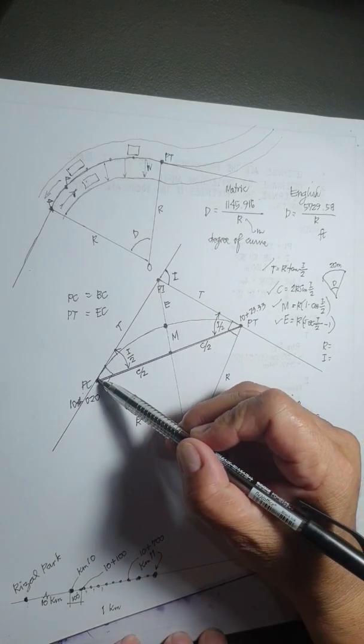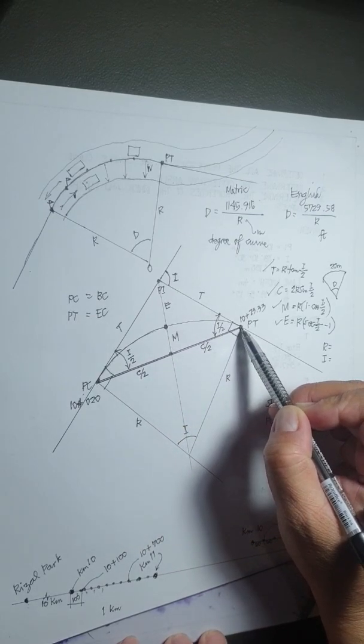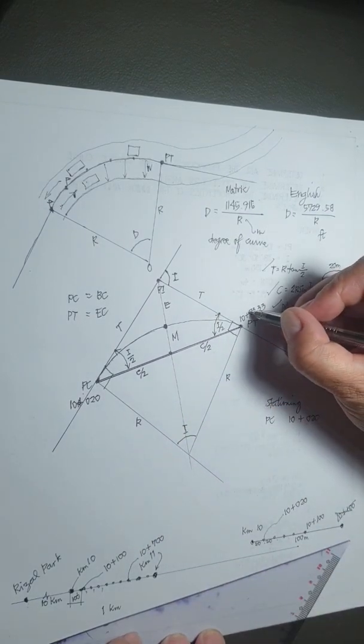Therefore, itong line na to is how long? 73 yan na.